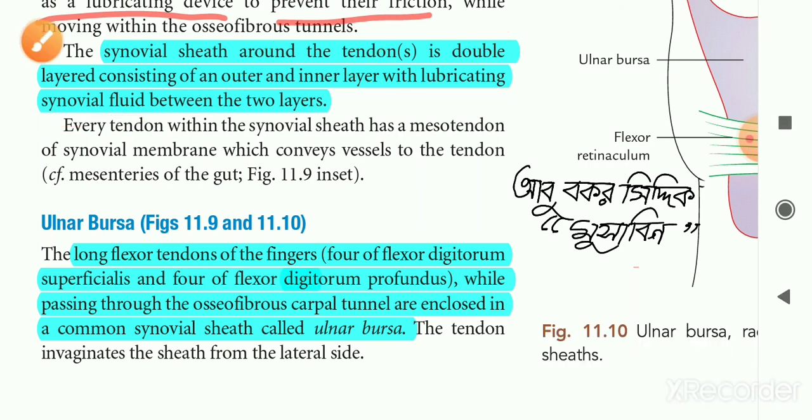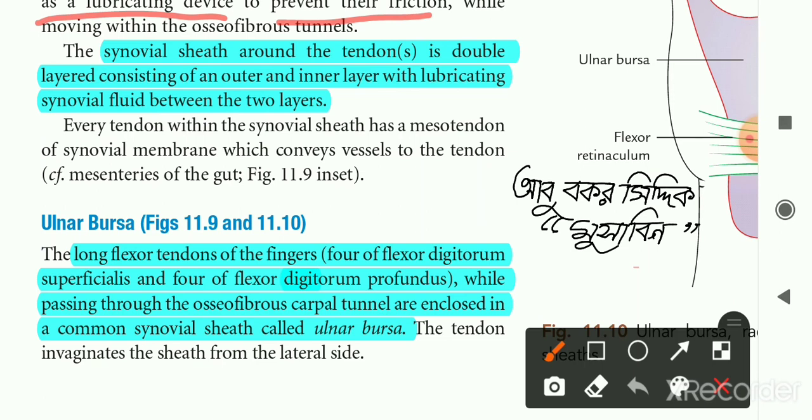Now look at that, the long flexor tendons of the fingers, that means 4 flexor digitorum superficialis tendons and 4 flexor digitorum profundus tendons. While passing through the carpal tunnel, these tendons are enclosed in a common synovial sheath called the ulnar bursa.